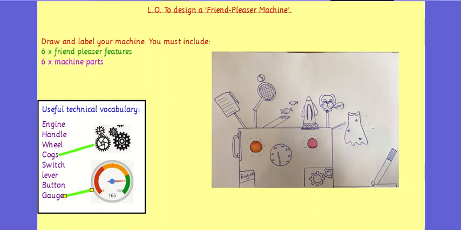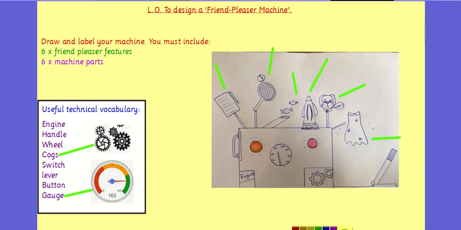Let's start off with the things that my friend really wants. So I'm going to look at these in green first of all. So, friend pleaser features. I have 1, 2, 3, 4, 5, 6. And I put all of these on the top of my machine because that was easier for me to draw.